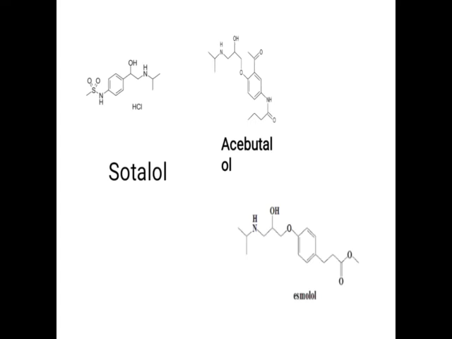Okay, so sotalol is the non-selective beta blocker, so it can block the beta 1 receptor as well as the beta 2 receptor. While acebutolol and esmolol are beta 1 selective, they act only on the beta 1 receptor.